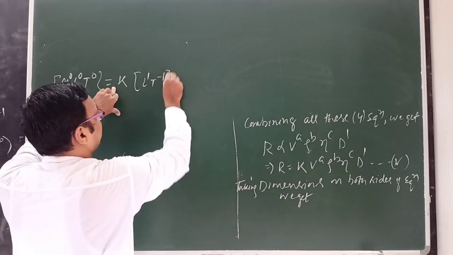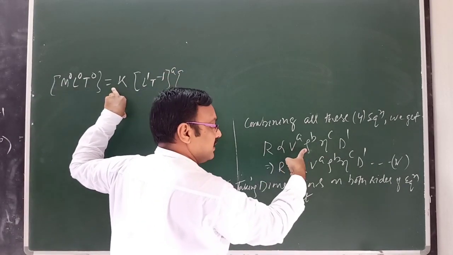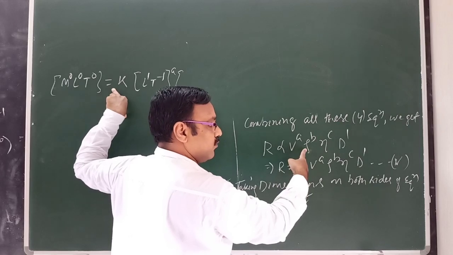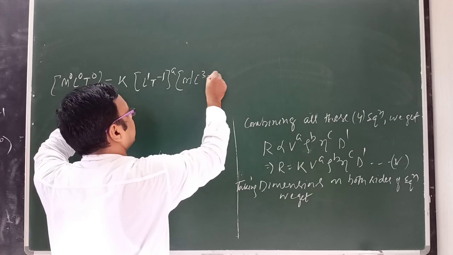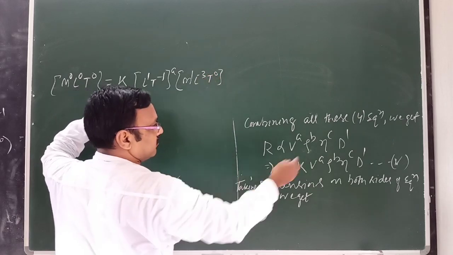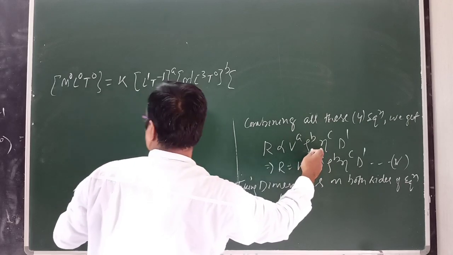Its power is A. Rho, density, means mass by volume, it is M1 L minus 3, with T to the power 0. Its power is B. And eta is known as coefficient of viscosity.